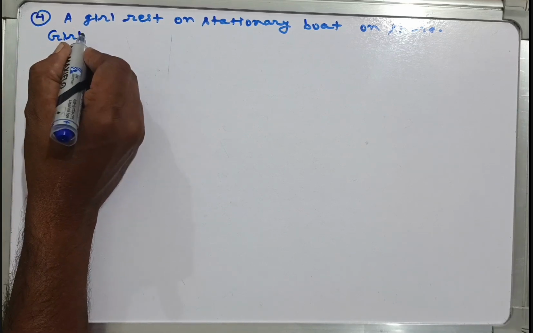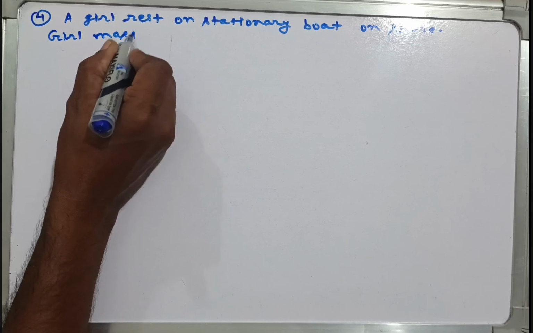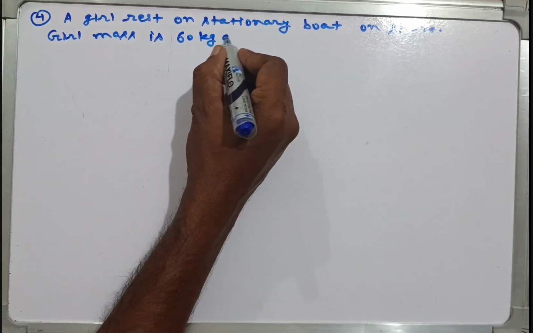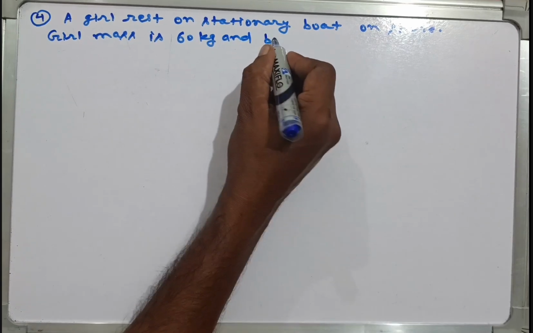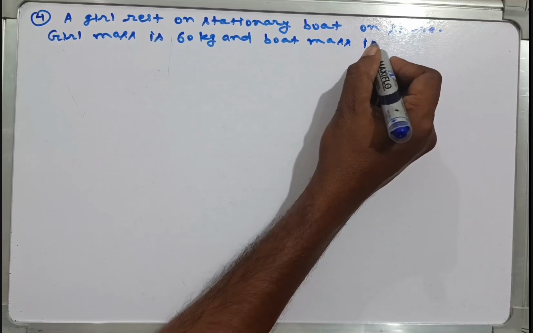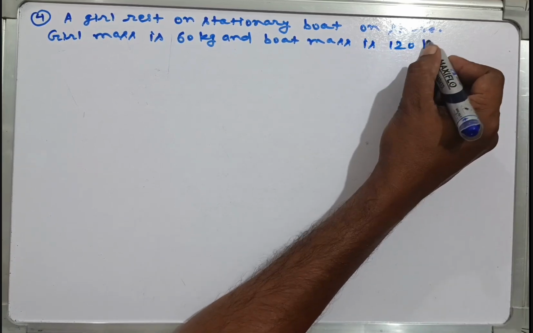Girl mass is 60 kg and boat mass is 120 kg.